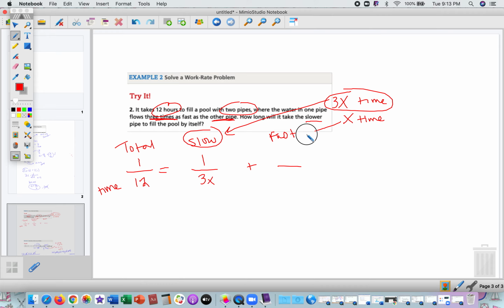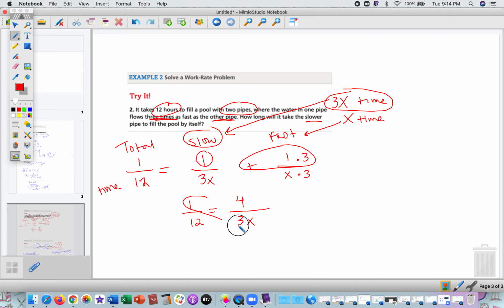Therefore, the faster pipe fills at x time. Now we're going to solve. So we need to multiply this right side by 3. So we'll have 1/12 is equal to, the denominators are the same on the right, it's 3x. And the numerator, we have 1 plus 1 times 3, or 3, which is 4.